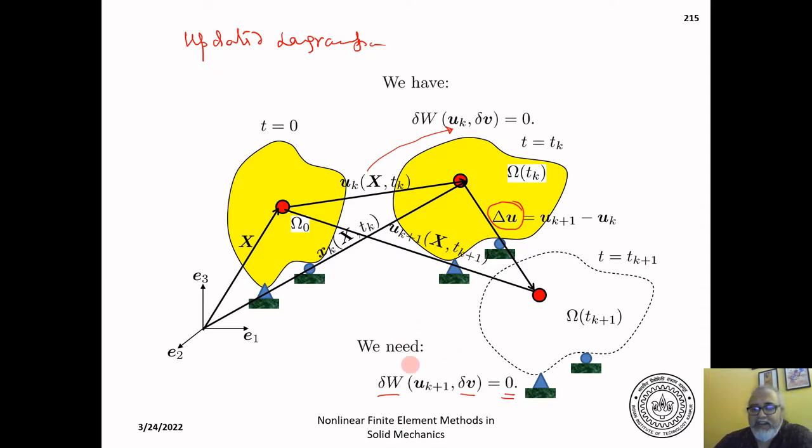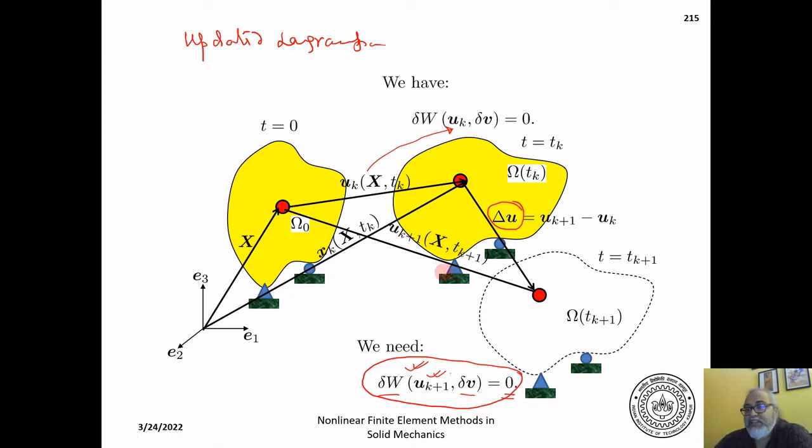So if I satisfy this equation, I'm trying to solve for uk plus 1. Actually, I'm solving for delta u, because if I solve for delta u, I can add it to uk and get uk plus 1. I'm trying to set delta w of uk plus 1, for an arbitrary delta v, equal to 0.